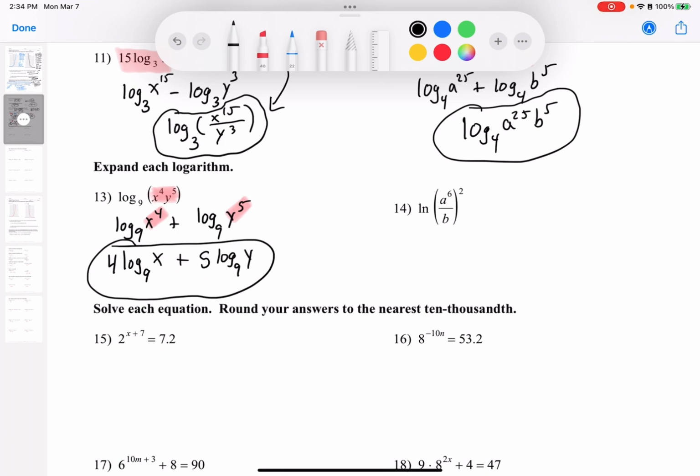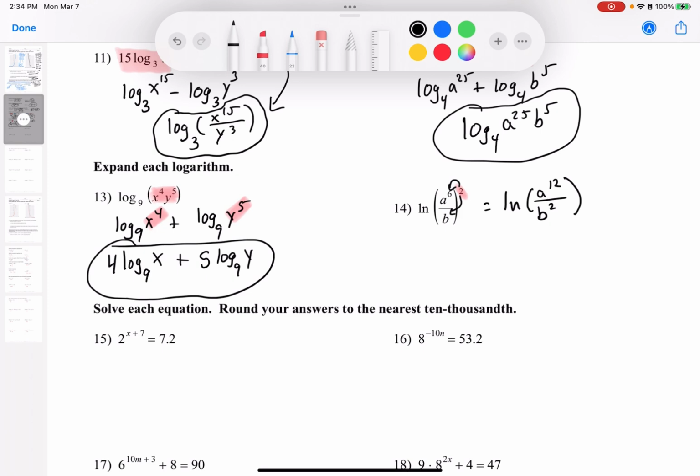Number 14. I notice I'm going to a power, so I'm going to take care of that power first. So that's ln. Multiply the exponents, so that would be a to the 12th over, we also have to square that, so b squared.